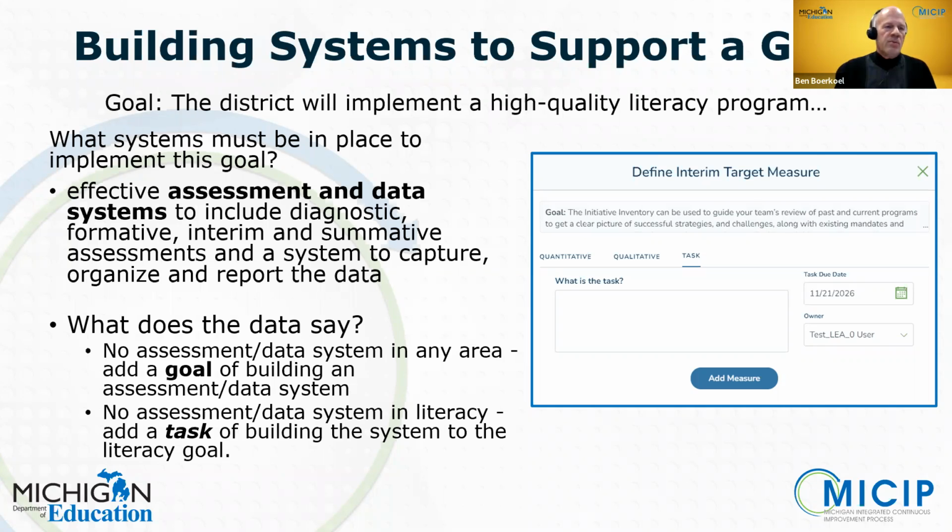The reason that we choose a task as opposed to maybe a strategy, although you could choose a strategy, is that typically tasks are the kinds of things that need to be done in order to support implementation of a strategy. If you're going to impact a high quality literacy program, certainly you need to have an assessment system in place, but your strategy might be around implementing, say, literacy essentials or something more specifically related to literacy, while building the system would be in support of that.